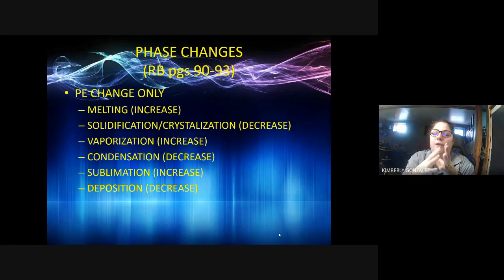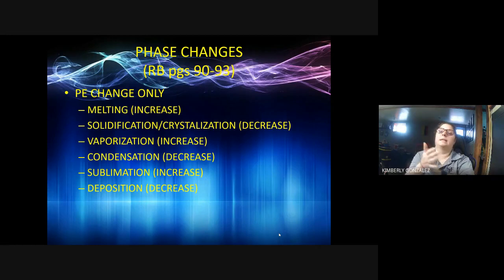However, if you're boiling the water and you go, oh crap, Miss G has extra help right now, and you turn off the heat before you run away from it, by the time you come back, is that water still boiling? No. It will happen spontaneously, but its potential energy is now going to decrease because now you're going from a gas to a liquid.